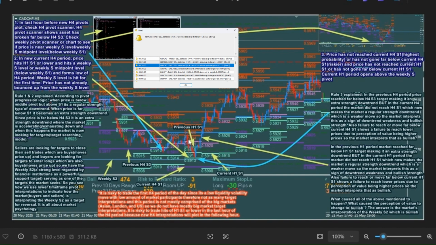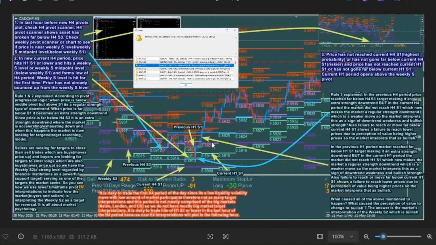And that's shown here. In the previous H1 period, which is right here, price accelerated down and went all the way down to the H1S3, making it an extra strength downtrend. But in the current H1 period, price fails to even reach the H1S1, which makes that a regular strength downtrend, which is a weaker move, and the market interprets that as downtrend weakness and bullish strength.